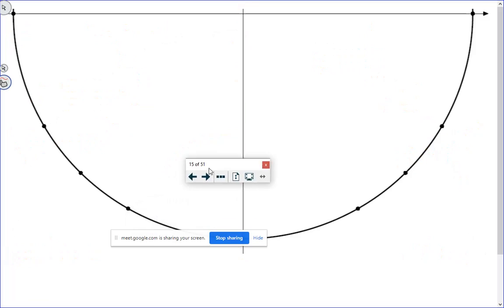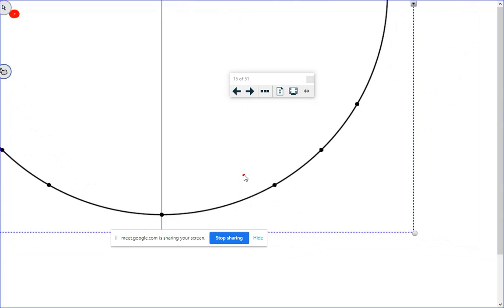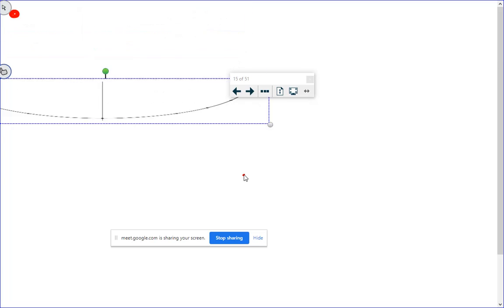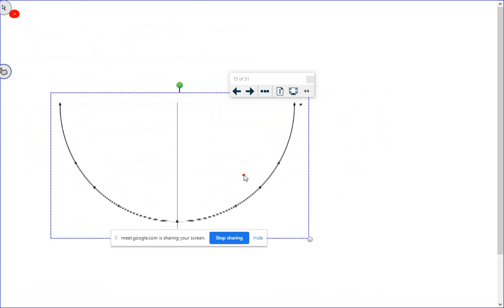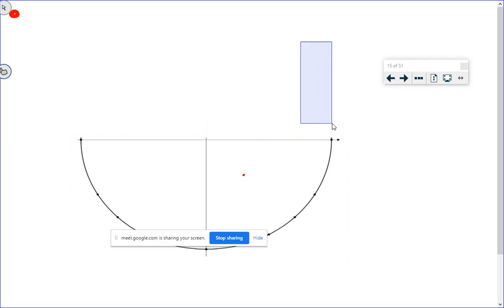So we get into the next quadrant. Don't forget that this is pi radians, but also don't forget that we had this other half of the circle.